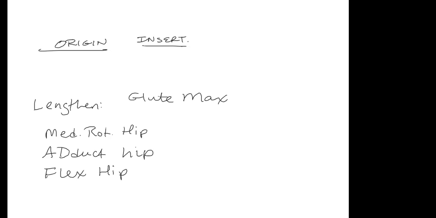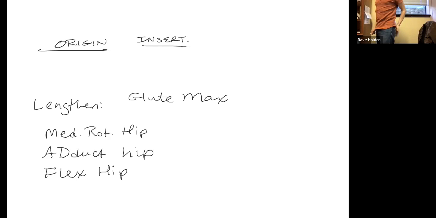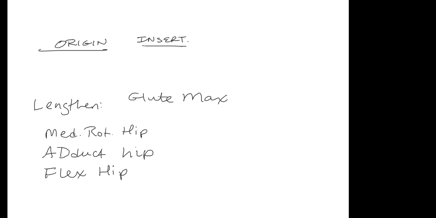Okay, thank you. So to lengthen gluteus maximus, we would medially rotate the hip, we would adduct the hip, and we would flex the hip. So if I bring this knee up towards this shoulder, that is glute max as long as it will get. And then you have to really twist the leg into medial rotation as you do that as well. Awesome. Thank you. You're welcome.